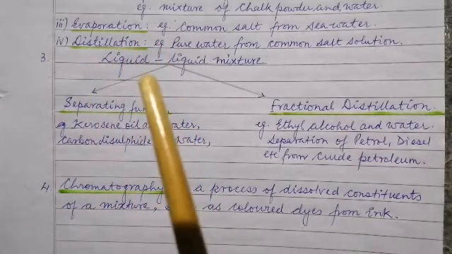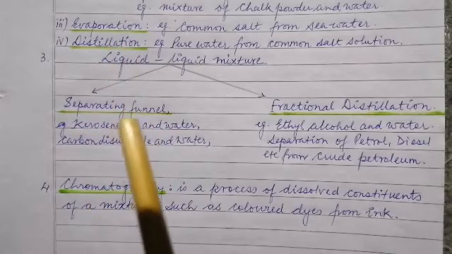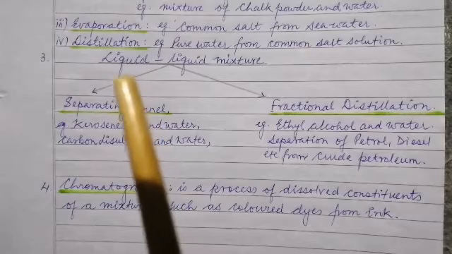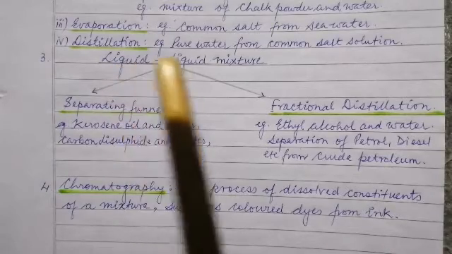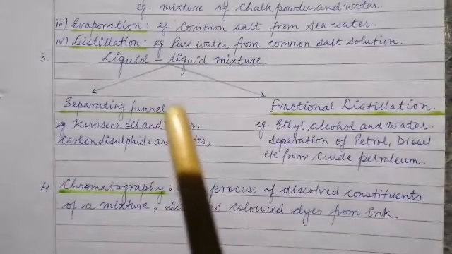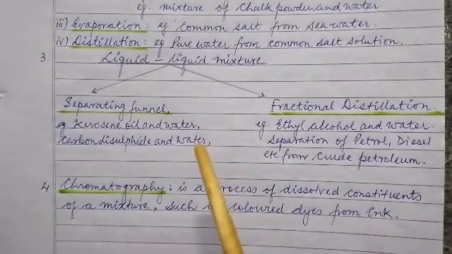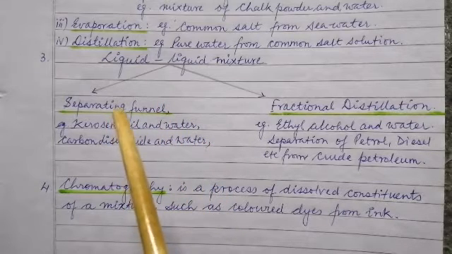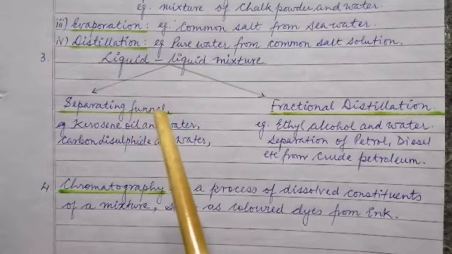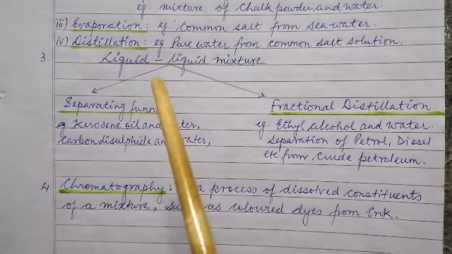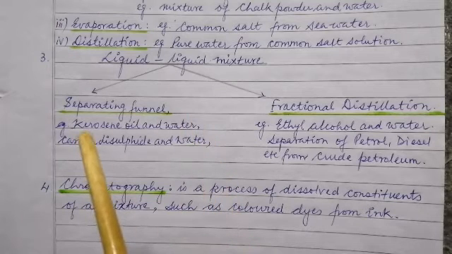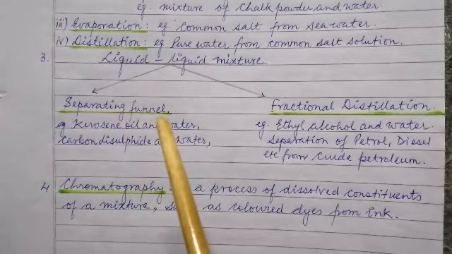Now the next method. Before we start with fractional distillation, look at the mixture. What type of mixture is it? Liquid mixture. Now a liquid mixture can be separated, if the mixture is, let's say, immiscible, that means one liquid is not miscible in the other liquid, then I go for a separating funnel.